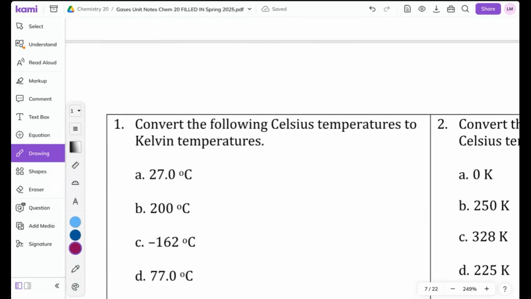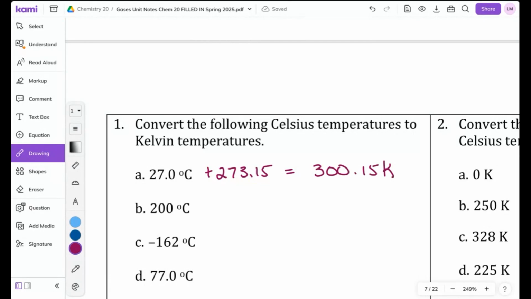We're converting degrees Celsius to Kelvin, so all you have to do is add 273.15 to these. So 27.0 degrees Celsius plus 273.15 is going to give us 300.15 Kelvin.